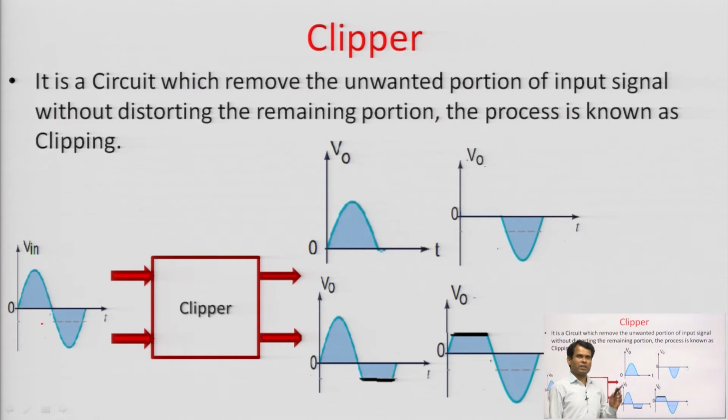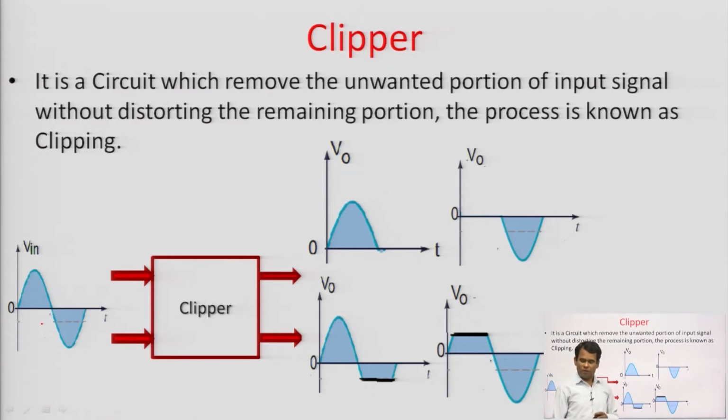It is the condition that the remaining portion of the output of a clipper circuit should be the same as it is in the input waveform. Depending on the output waveforms, there are various types of clipper circuit, that is positive clipper, negative clipper and bidirectional clipper.